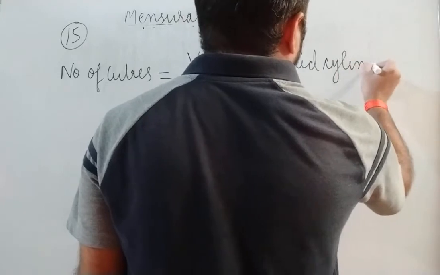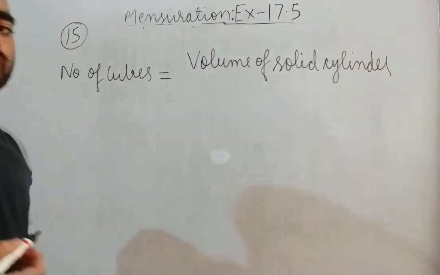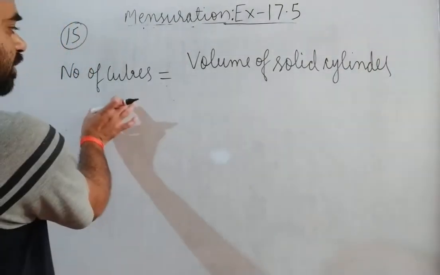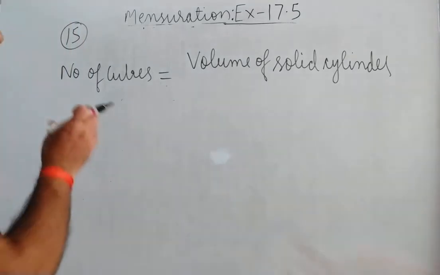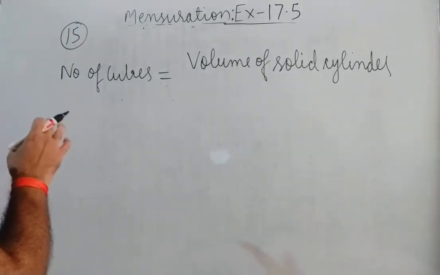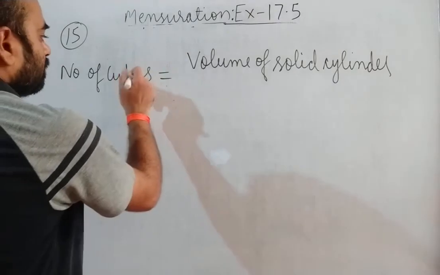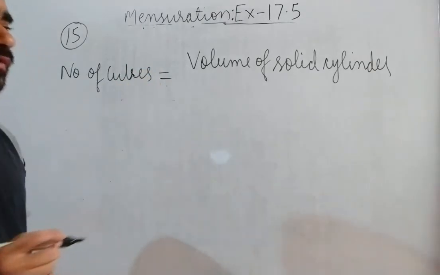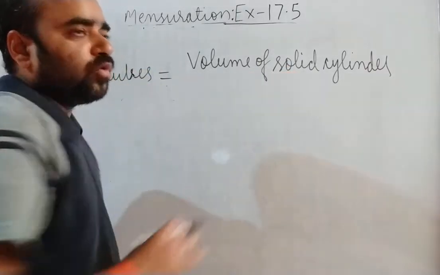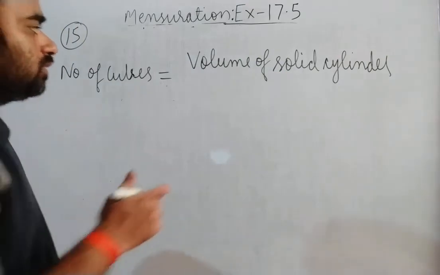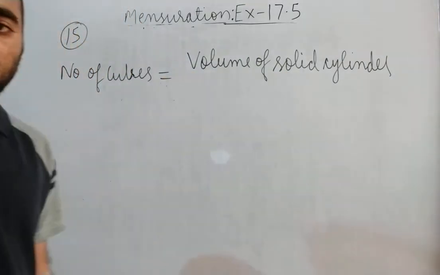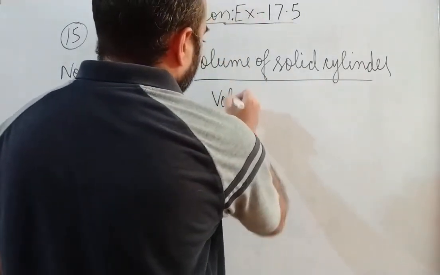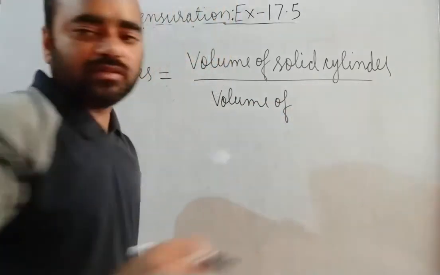Whenever a solid cylinder is melted and recast into a number of smaller identical cubes and we have to find the number of cubes, then the formula is: number of cubes equals larger volume upon volume of the smaller cubes. So larger volume means volume of solid cylinder upon volume of each cube.